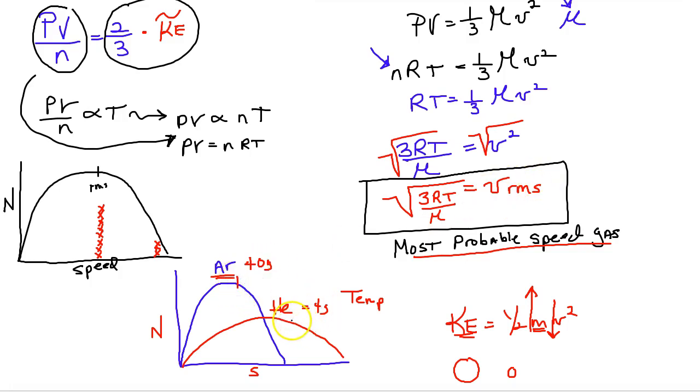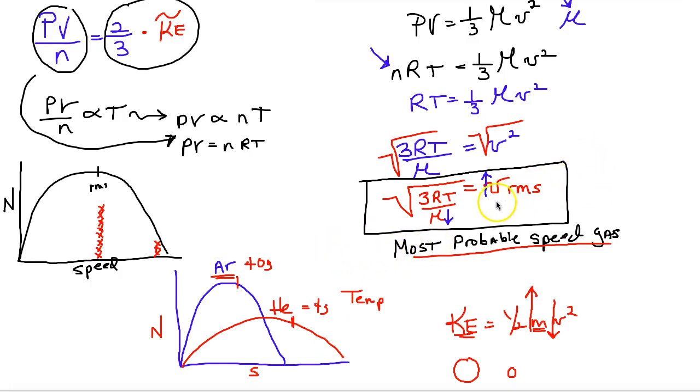Lower than that of helium. Or helium is going to go faster and have more molecules going faster than argon. Why? Because look at this relationship. I'm almost done. Stay with me. As the molecular mass decreases for helium, the root mean squared increases. So the lighter the gas, the faster the most probable speed occurs, the faster this gas moves, even though they're at the same temperature. Very important.